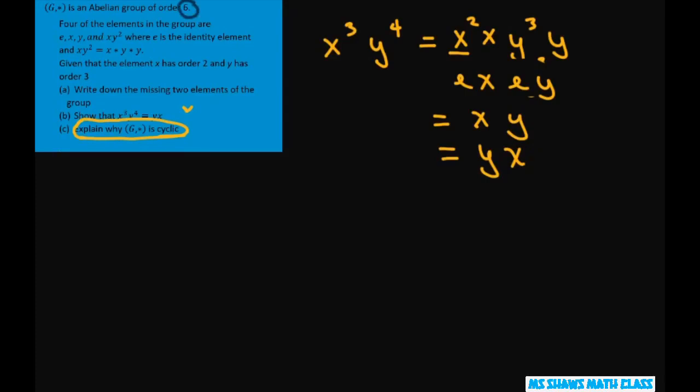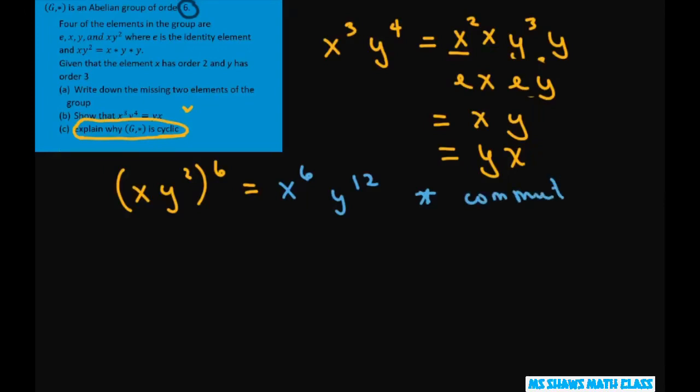So we're going to take our xy squared to the 6th power, and that's going to give you x to the 6th, y squared to the 12th, and that's because it's commutative, because it's given that it's an abelian group.